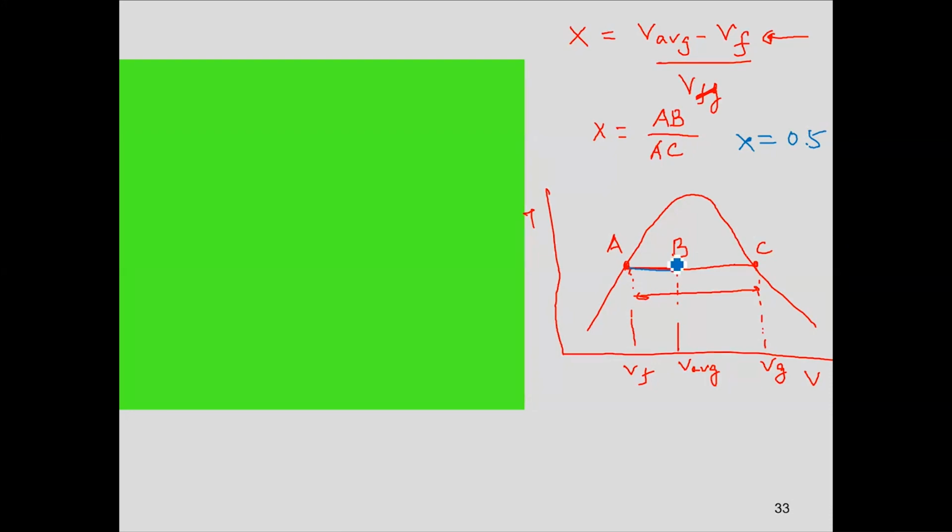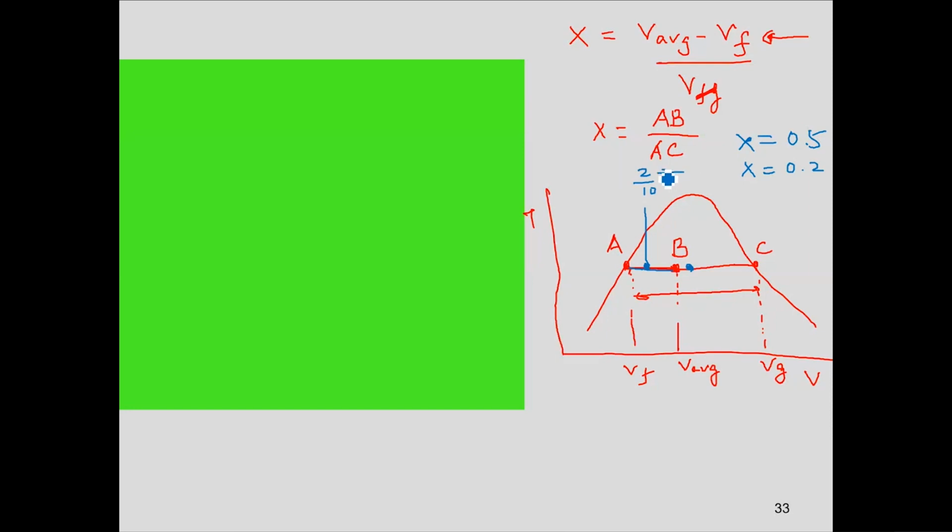The halfway between AC, exactly in the center. And x equals 0.2, should it be close to A or C? Close to A, somewhere over here. And 0.2 means 2 over 10.